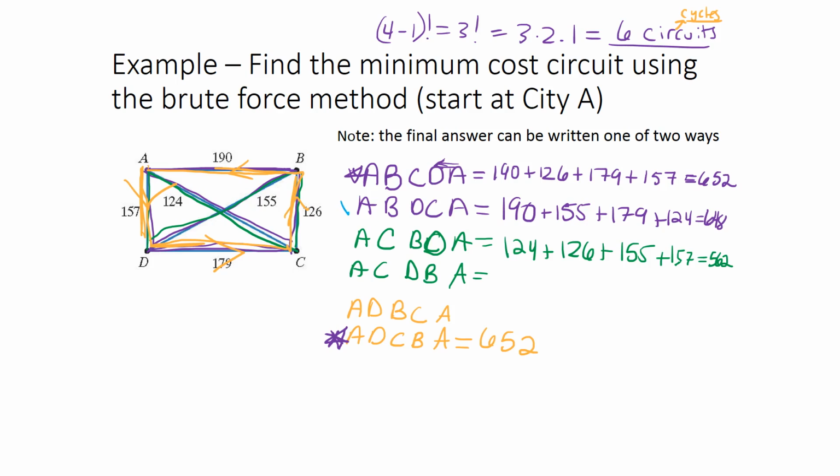And let's look at the second one. I mean, you can certainly write them all up and add them up. I'm just trying to save you a little bit of time. The second one, ABDCA, if you read it backwards, it's ACDBA. So these two are the same. So this one should also be 648.